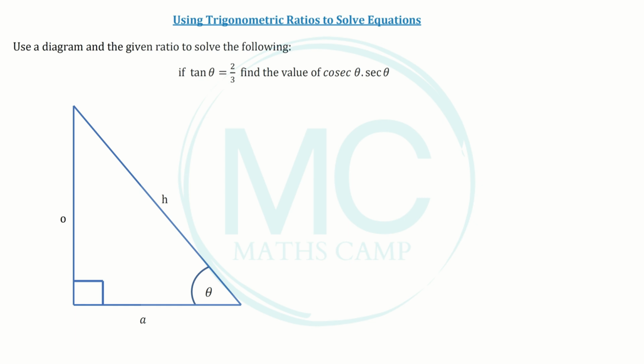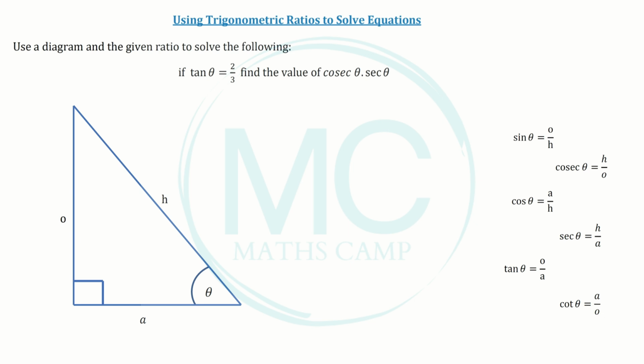Now, cosec and sec are reciprocal ratios, so before we do anything, let's write down our three original ratios, sine, cos, and tan, and our reciprocal ratios, cosec, sec, and cot.